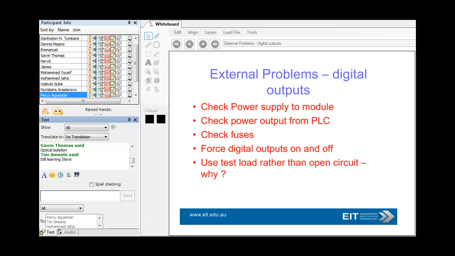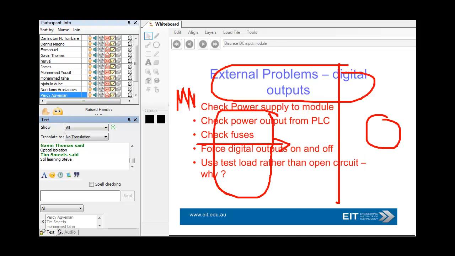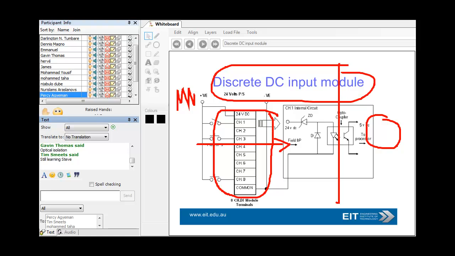Digital outputs. One other problem here, actually, a very, very subtle problem. I'll be running out of time here, but one problem that caught me. I don't know if any of you have used proximity detectors. I had a particular problem once where the proximity detector had sufficient leakage current going through it to keep the input on when the proximity detector was off.